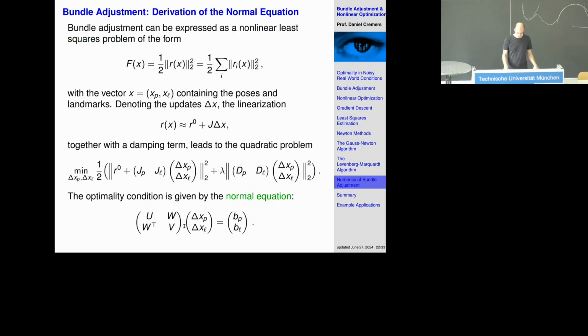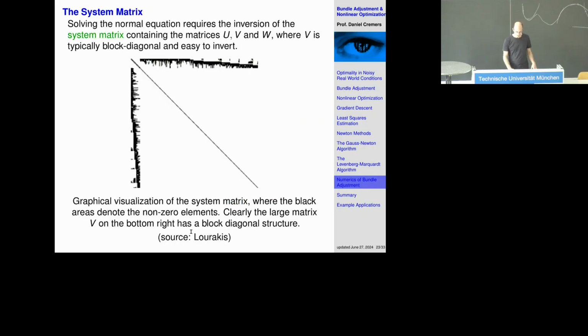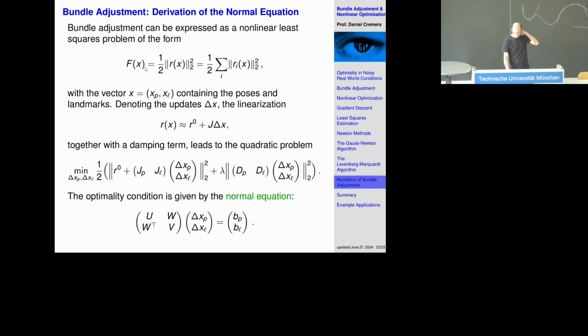What's interesting is that people studied this matrix intensively and looked at its structure. And what they find is that it has this structure. So U is a fairly small block. Why is it small? U is the block that contains the number of camera parameters times the number of camera parameters.